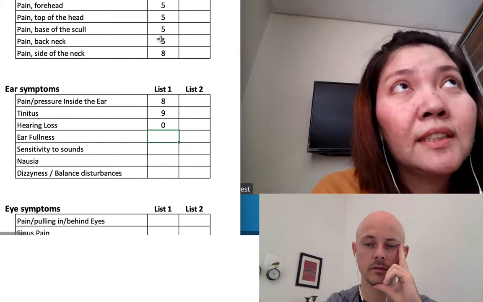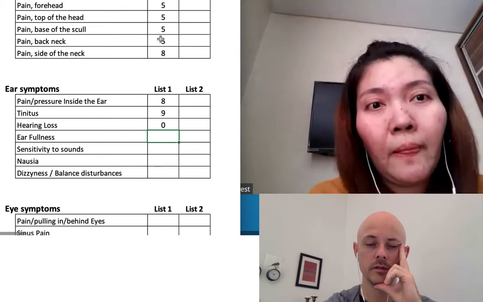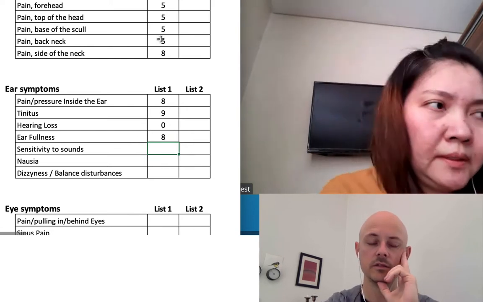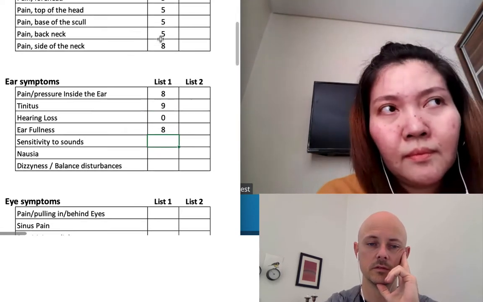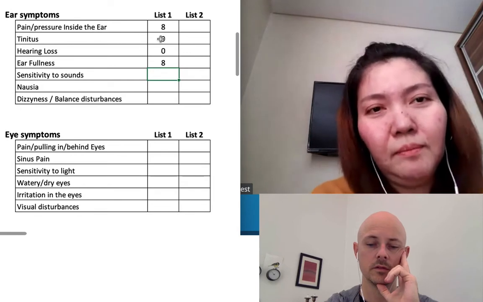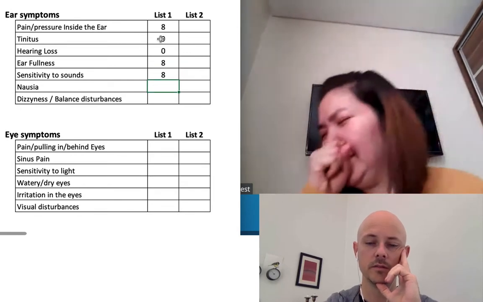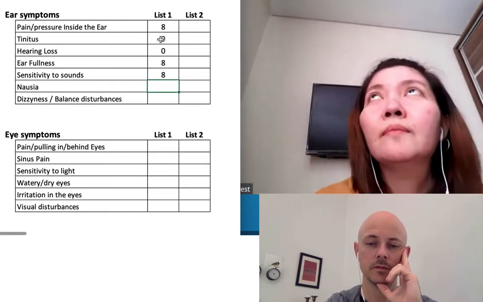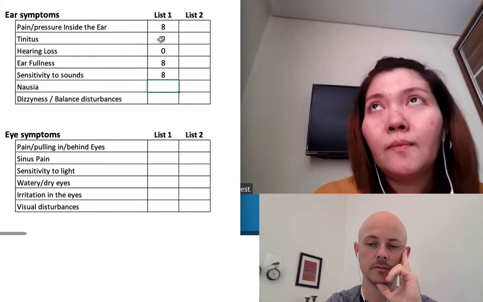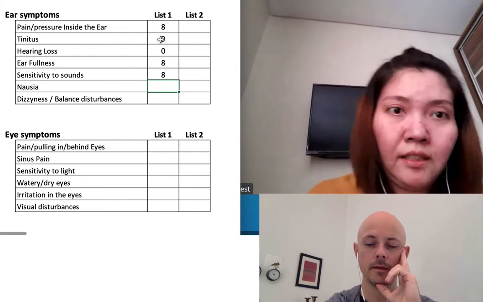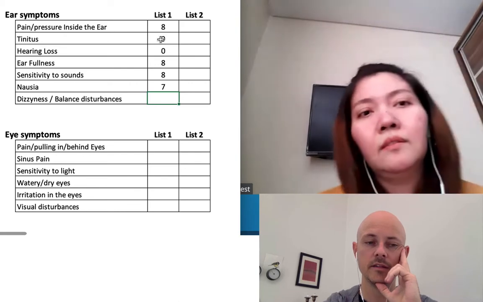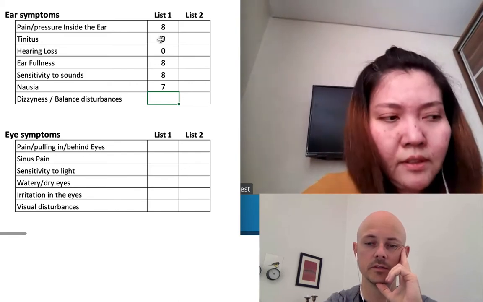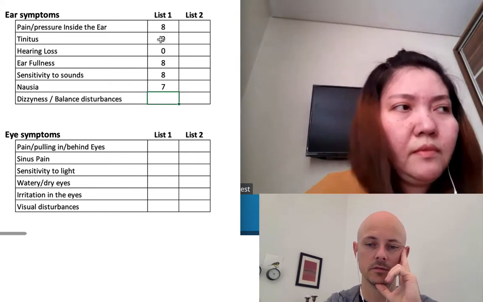And then we have ear fullness. 8. And sensitivity to sounds. 8. And nausea. 7. And dizziness and balance disturbances. 5.